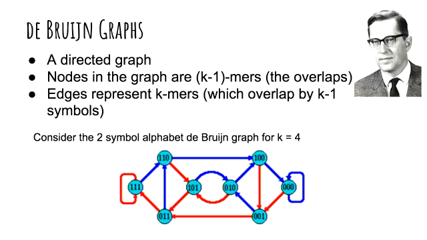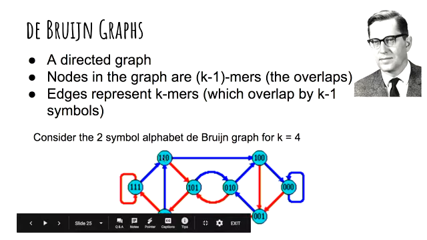All right. So de Bruijn graphs are just an abstract mathematical construct. They're a directed graph. Nodes in the graph are k minus 1 mers, and the edges represent the k-mers. I know it's kind of weird. The overlaps are actually the nodes, and the k-mers are the edges.